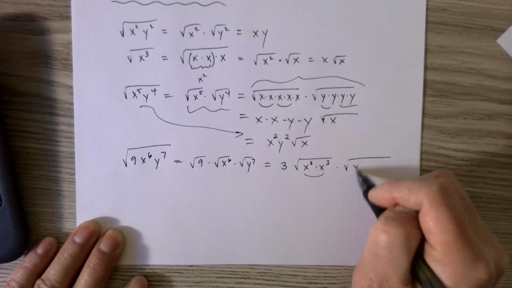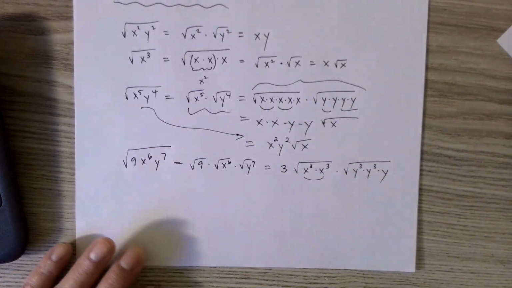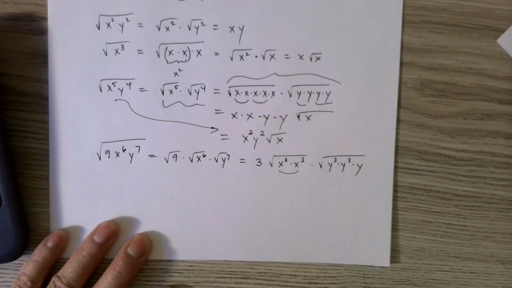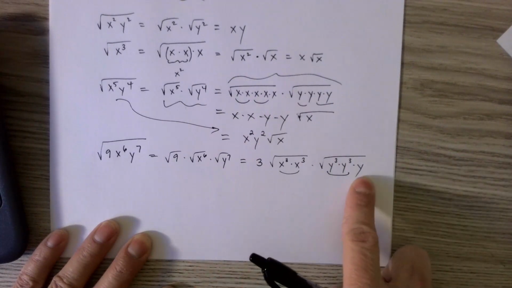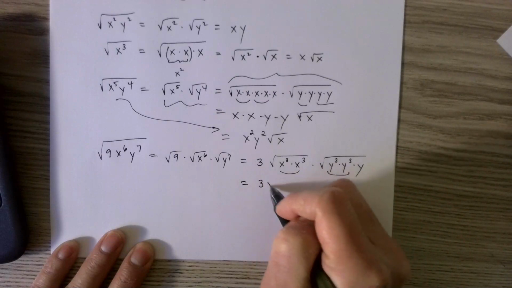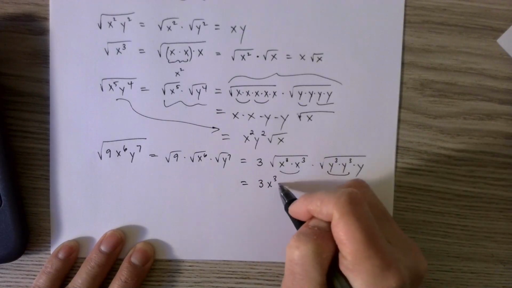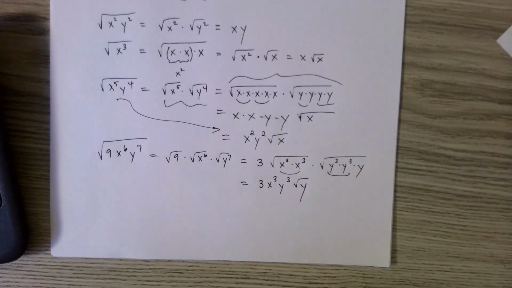And then the y's, I have y cubed and an extra y. So I know that a y cubed will also come out, and I know that this y will stay inside. 3x cubed, y cubed, and there's a single y in the rad left over.